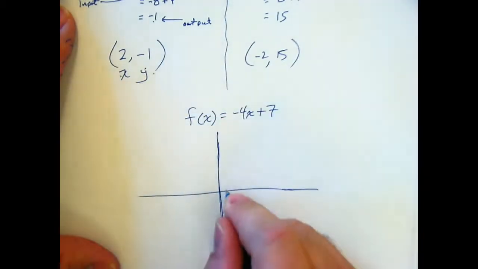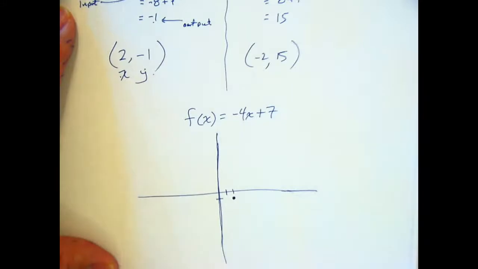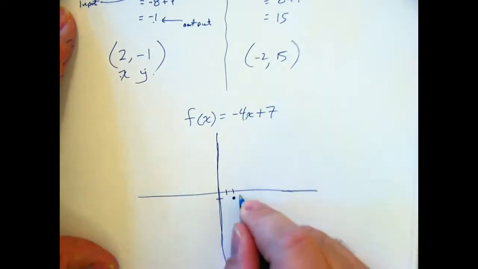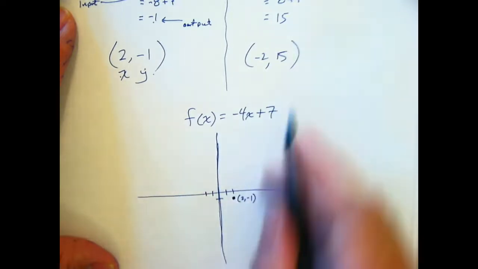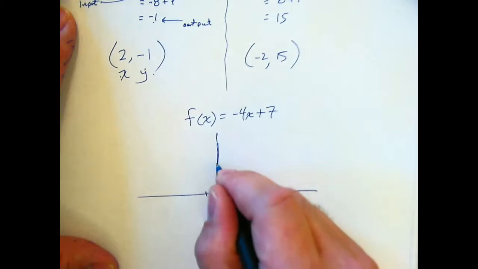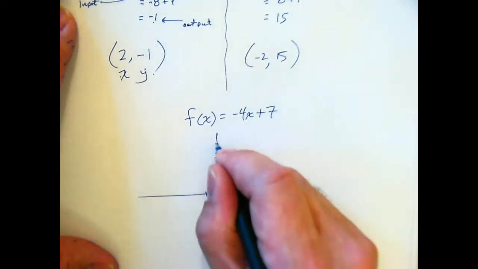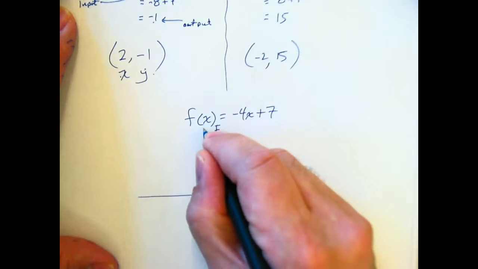Input of 2 gives me an output of negative 1. That is a point right there, with the ordered pair 2, negative 1. Input of negative 2 gives me an output of 15. So we count 1, 2, 3, up to 15. I've got to extend my line, so I'm way up here.